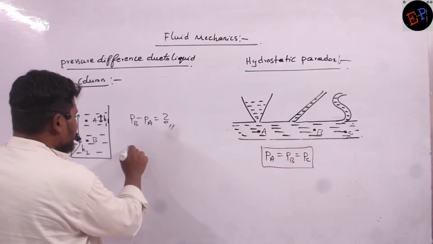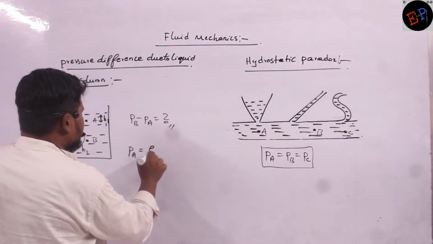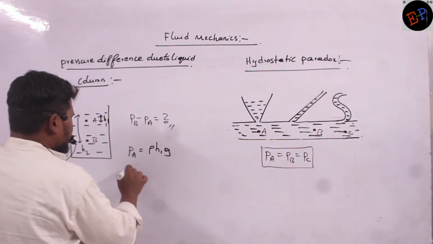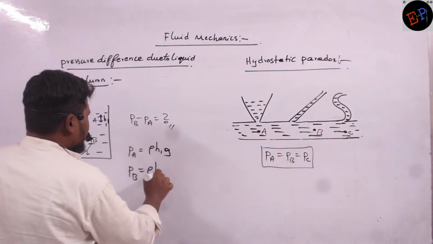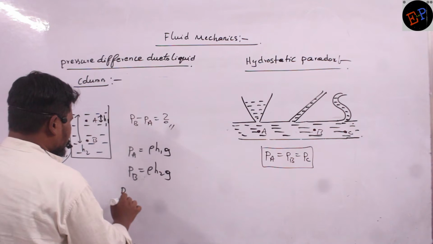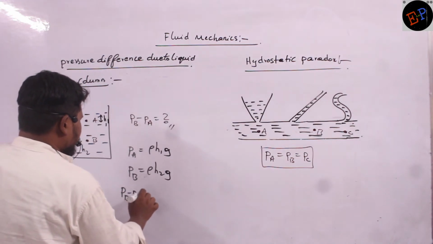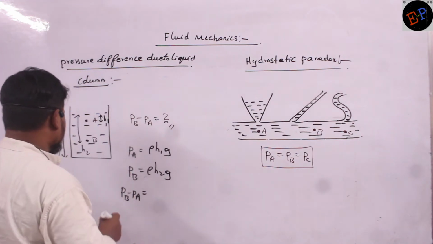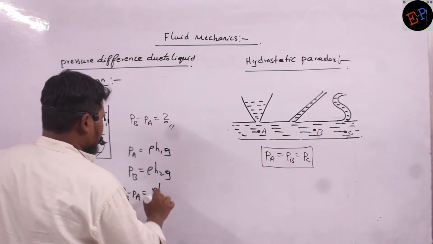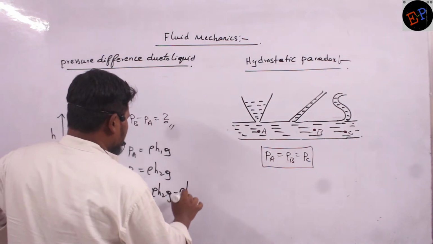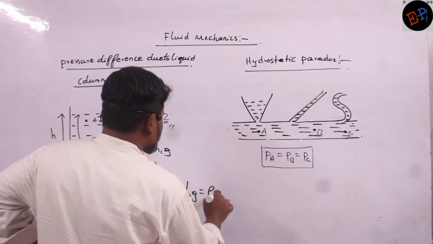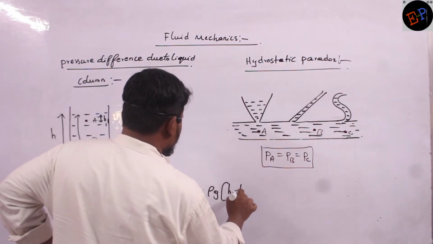So what is the pressure at point A? Pressure at point A is rho H1 g and pressure at point B is rho H2 g. So what is PB minus PA? It is rho H2 g minus rho H1 g. If I take rho g common, then it is H2 minus H1.